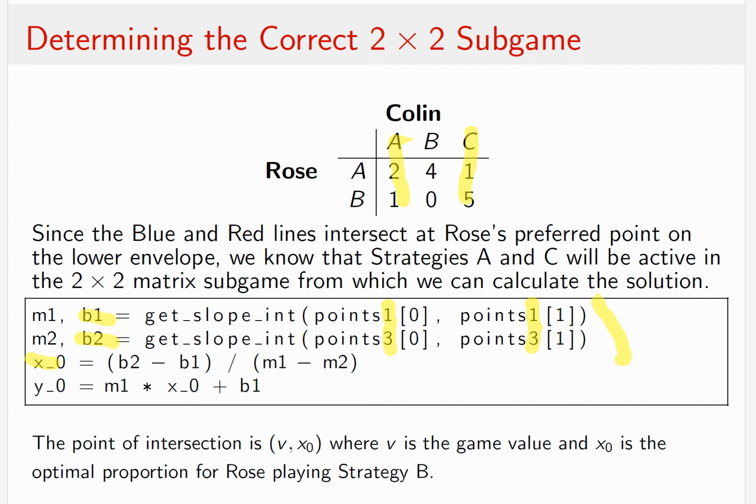We're calling this get slope intercept function. And the m values come from it too, so I do the same subtraction that I showed before, and then here I'm just putting in the values m1 and b1. So basically I'm using the line y sub 1 to plug the x value into and see what y would be. And the cool thing is when I find the point of intersection of these two lines, the x coordinate is the game value.